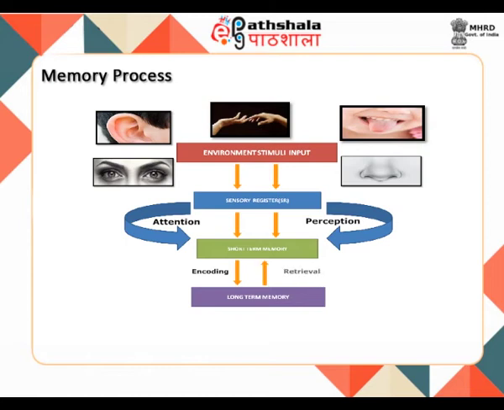Secondly, it involves retrieval. It is the process of bringing stored information from long term memory to the conscious level in the short term memory. Finally, storage refers to the retention of information which has been achieved through the encoding process in the brain for a prolonged period of time until it is accessed through recall.